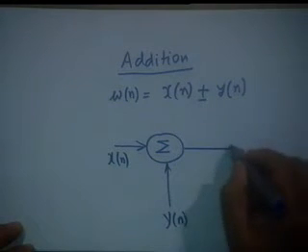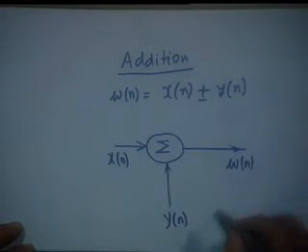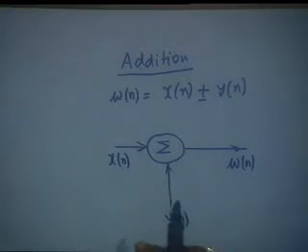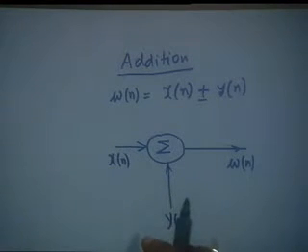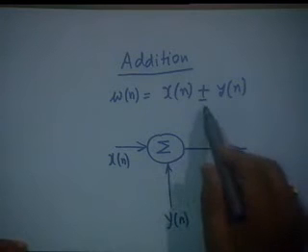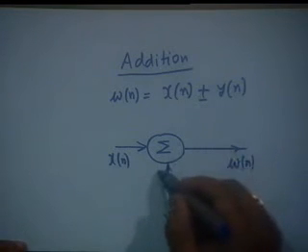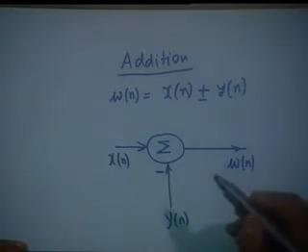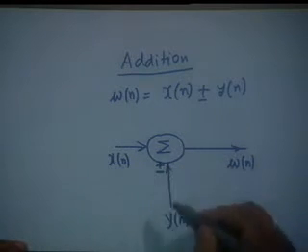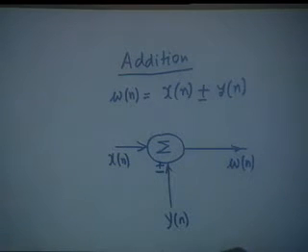If it is simply addition, we do not assign any sign to the arrows, but if it is subtraction, then we assign a negative sign here. In general it would be plus or minus, but the plus sign we usually avoid.